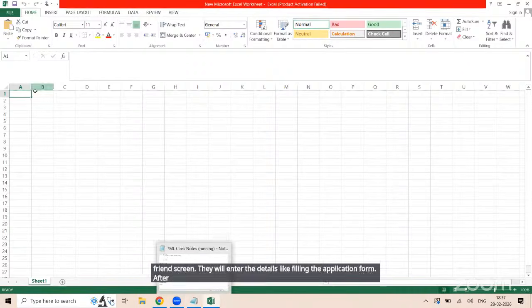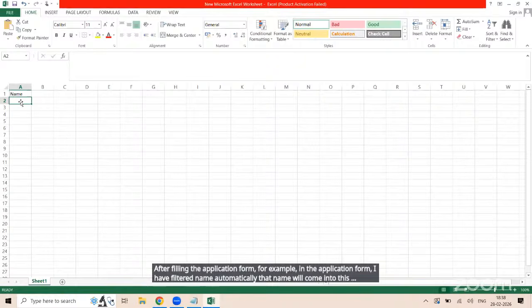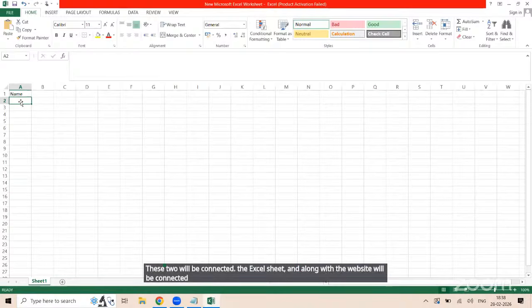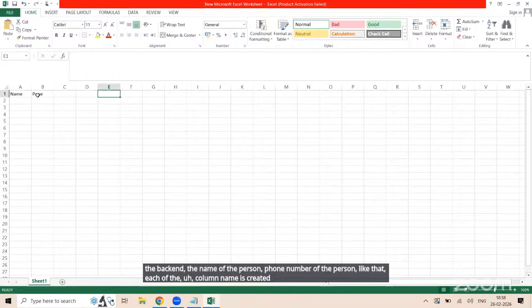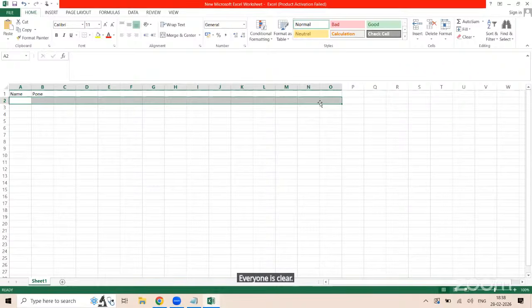After filling the form, for example when I fill in the name, automatically that name will come into this position. These two are connected: the Excel sheet or database along with the website. So in the backend, a column is created for the name of the person, phone number of the person, and so on, and every detail is added one by one. Is everyone clear?